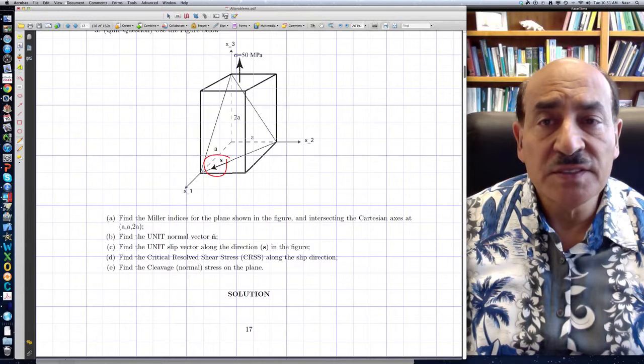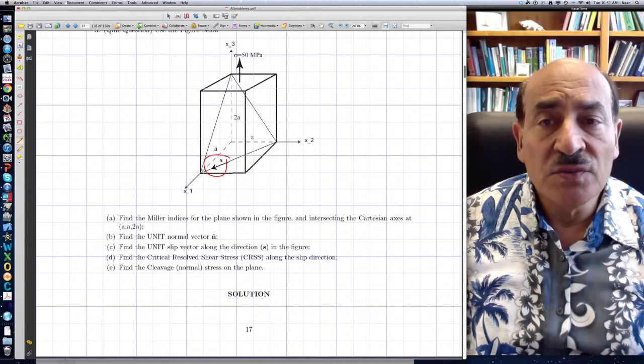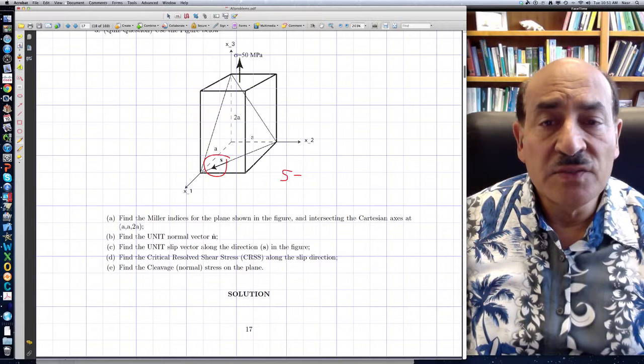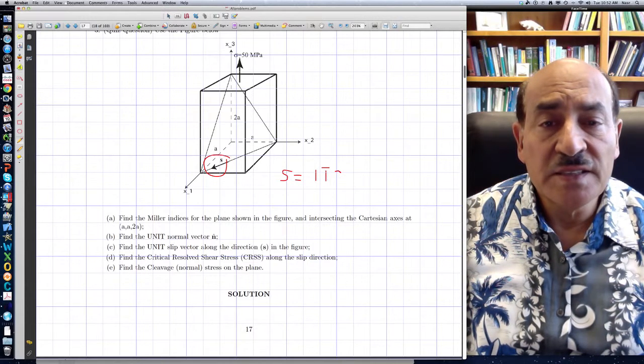So what I can say is that S is equal to 1 unit along the x direction, minus 1 unit along the y direction, and 0 along the z direction.